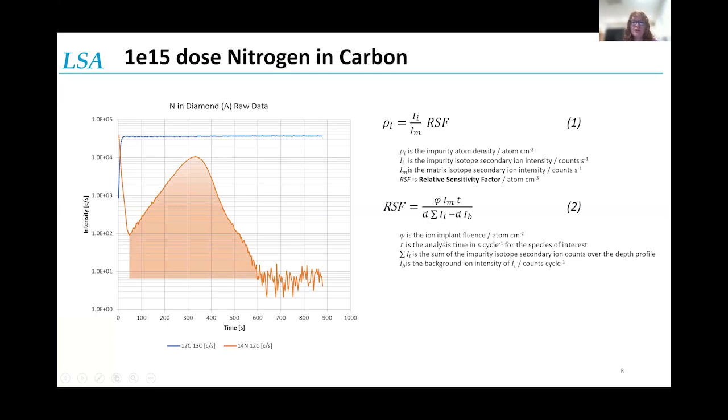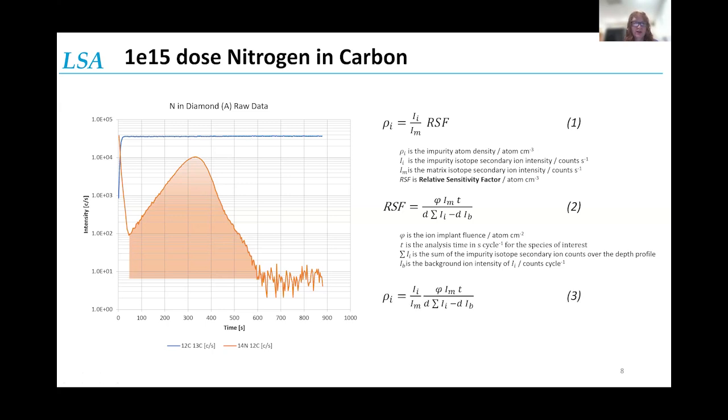Having known the ion implant, so when you get an implant made, you know how much of a dose has been put into the sample, and using that and measuring the depth of the crater to put this onto a depth scale, we can get a relative sensitivity factor, which is the sensitivity of the ion of interest compared to the matrix element.